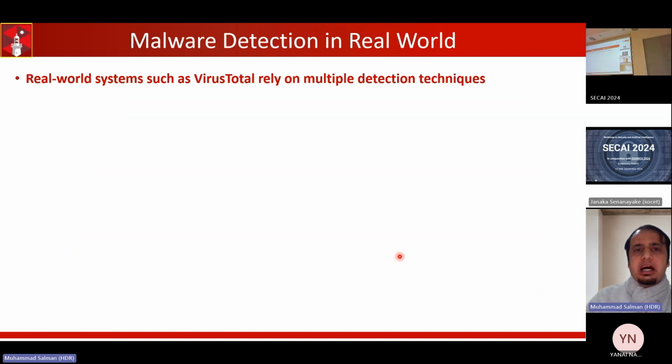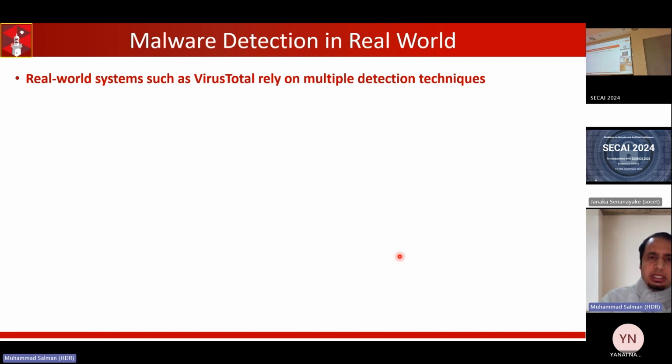So first, let's see how malware detection works in the real world. Real world systems such as VirusTotal rarely rely on a single detector. Taking VirusTotal for instance, it relies on multiple detection techniques.